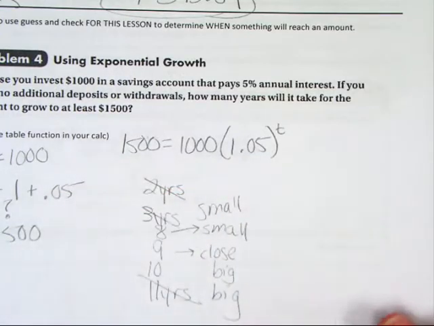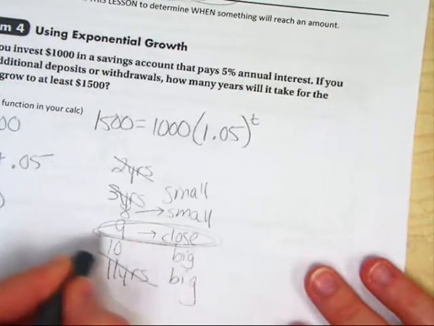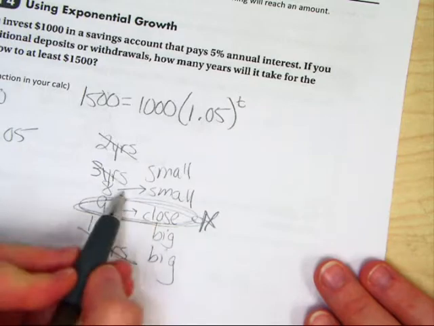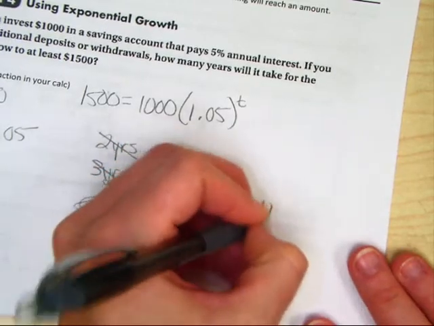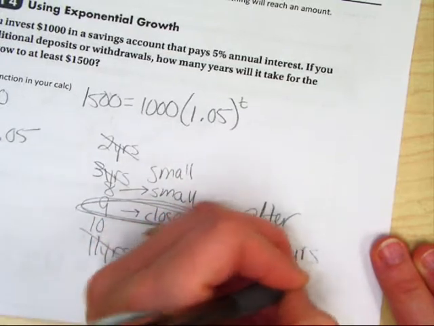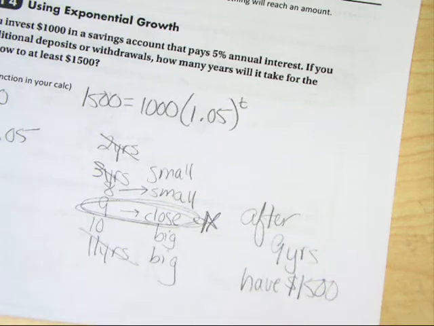So since we're talking about specific years, you need to be able to say the most specific year. It has to actually reach it. So while 9 was too big, 8 was too small. So we're going to say after 9 years, we will have $1,500. Yeah, we'll have more than $1,500, but that's the first time that it's greater than $1,500.